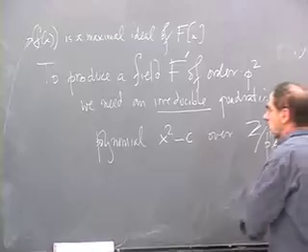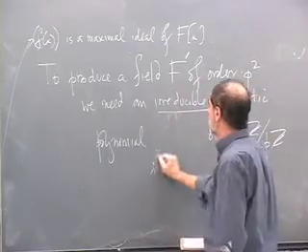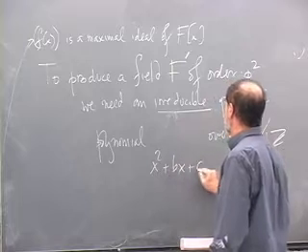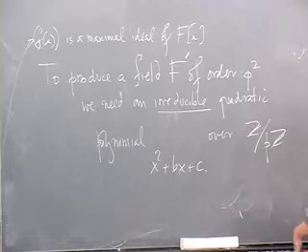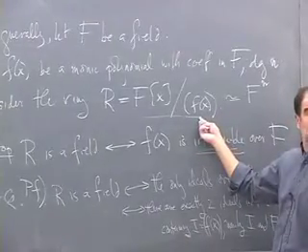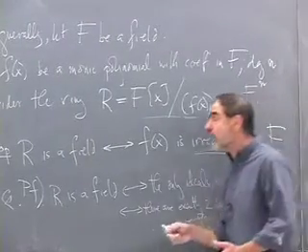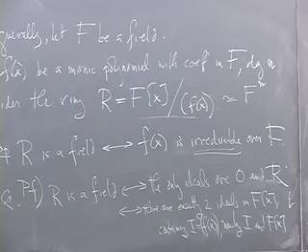Well, actually, it doesn't have to look like this. It could be, sorry, x squared plus bx plus c over the field of p elements. If we can find such an irreducible quadratic polynomial, then by doing this construction, we would get a field of p squared elements. If there is no such irreducible quadratic polynomial, this construction isn't going to work.